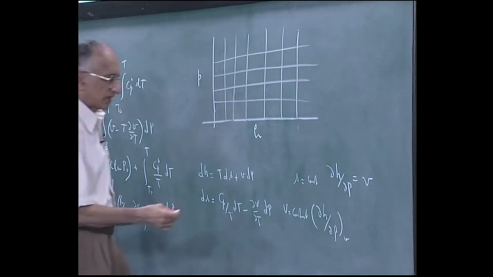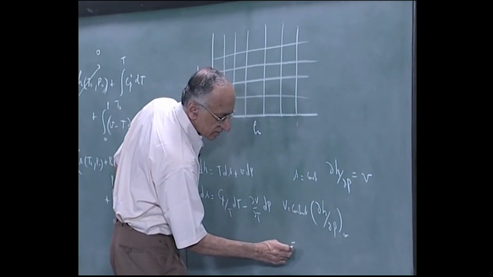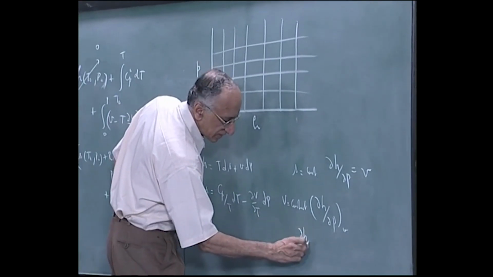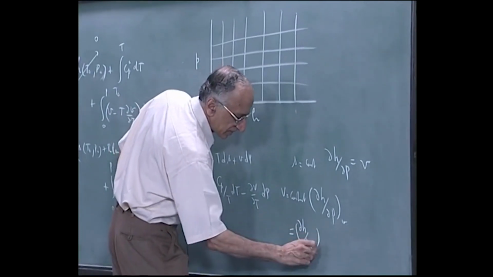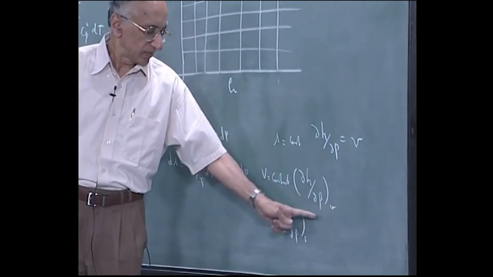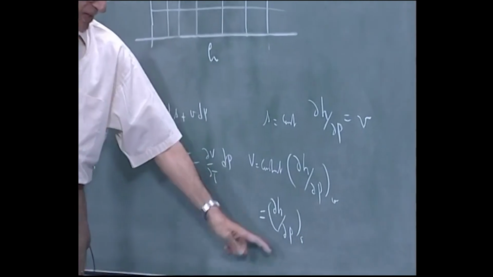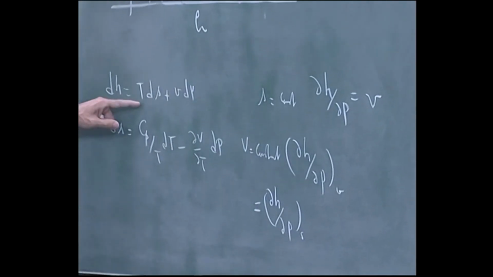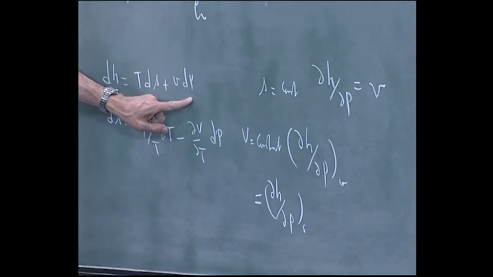There are several ways of deriving it. This is equal to partial of H with respect to P at constant S. If you treat H as a function of P and S, you get dH is equal to T dS plus V dP.